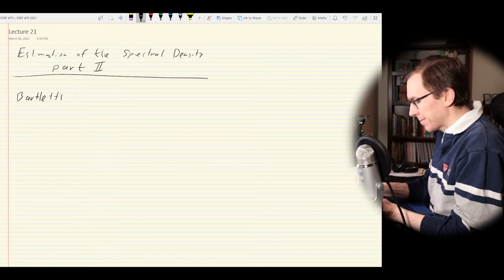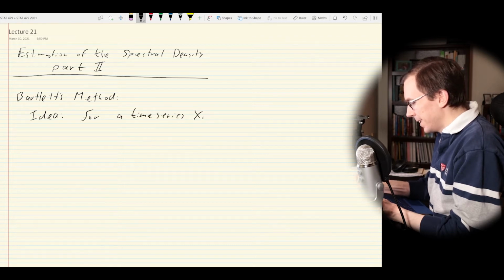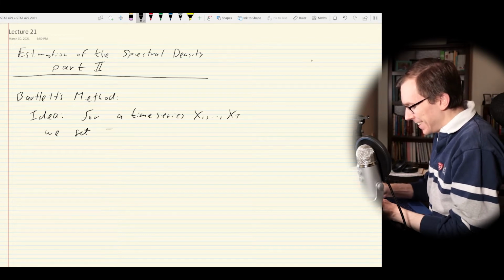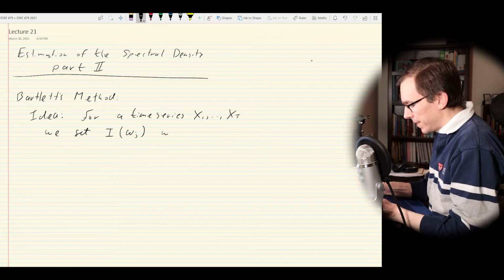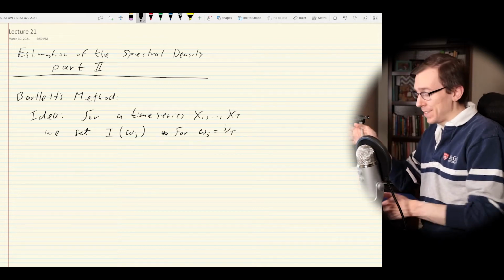Bartlett's method. And the idea behind this is simply that for a time series x1 through xT, we get, or we got, I guess last time, a periodogram that we can evaluate at omega j, for omega j equal to j over T. So that's a lot of different frequencies if T is big, right?